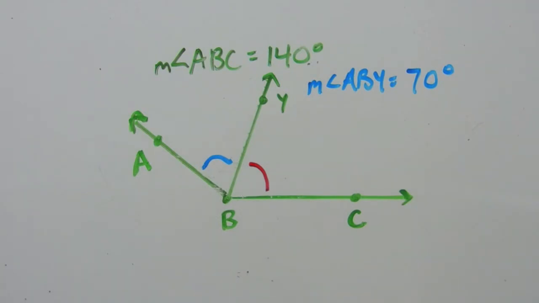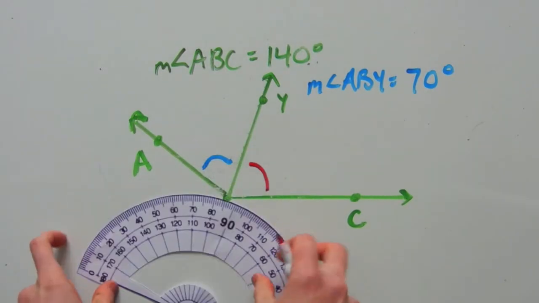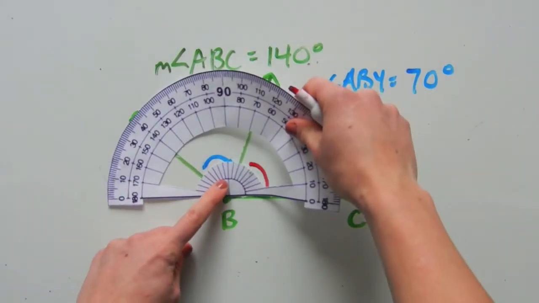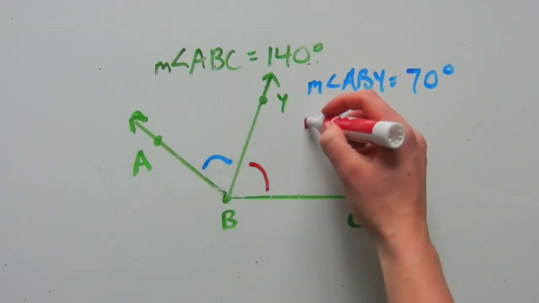and the measure of YBC is also 70 degrees.